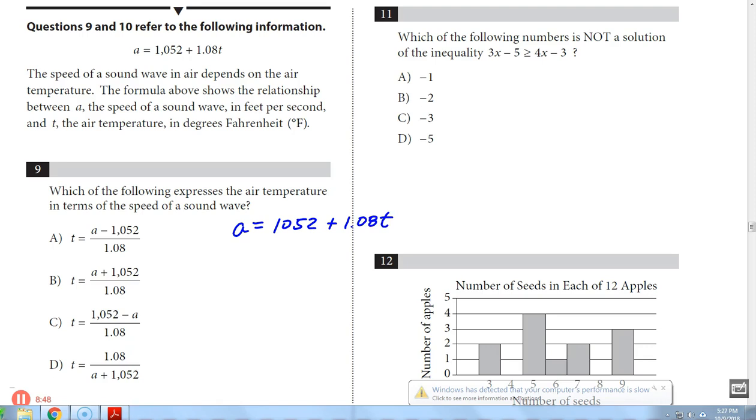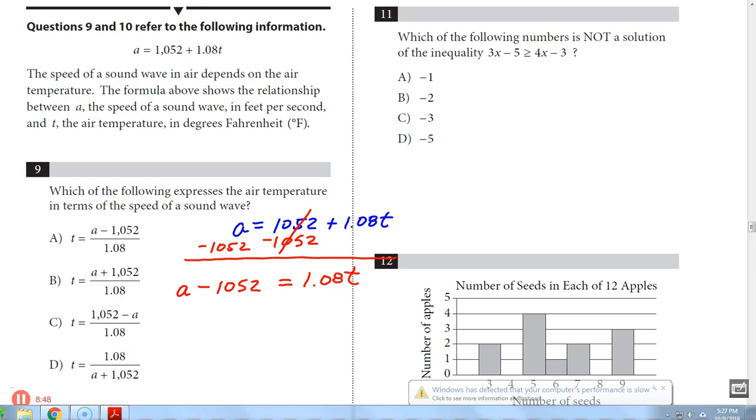Trying to get t by itself, the first thing I'm going to do is get rid of this 1,052. I'm going to subtract 1,052 from both sides, which I really can't do anything with on the left because I don't know what A is. So I'm just going to write A - 1,052 = 1.08 times t.